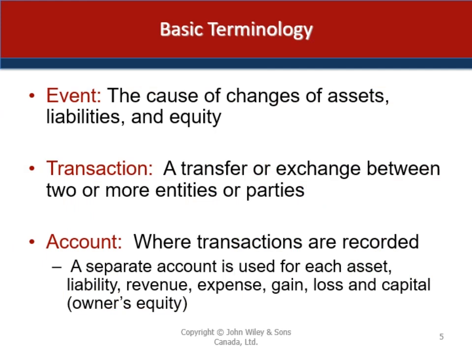All right, so a couple of the first terms that we use: events, transactions, and accounts. Events are things that happen, so they're the cause of changes in some of the financial statement elements. And a transaction is an exchange between the accounting entity and some other entity or party, external or arm's length to the accounting entity.